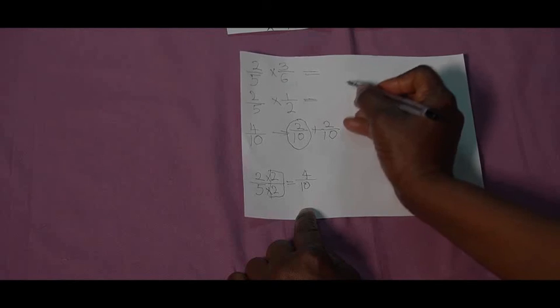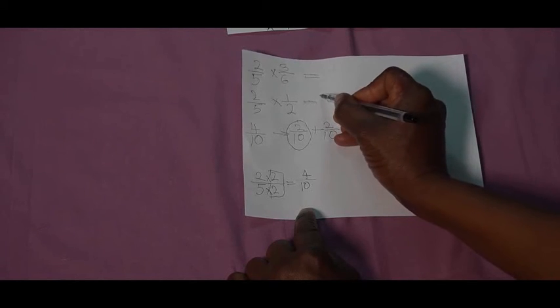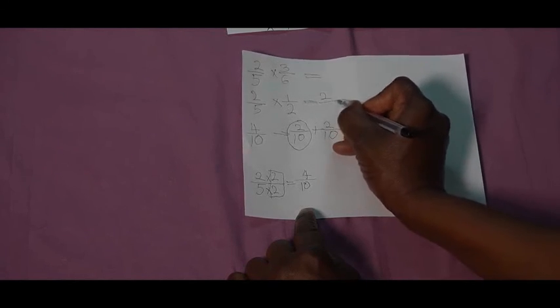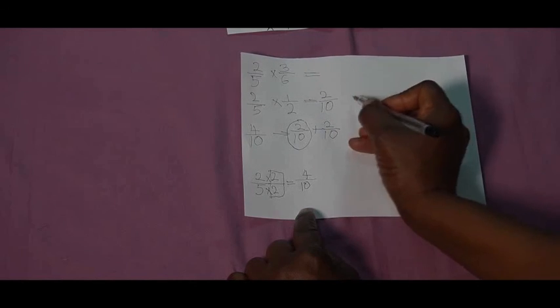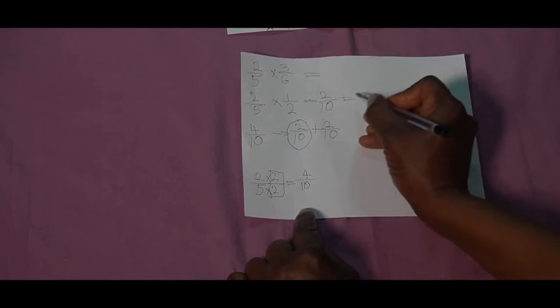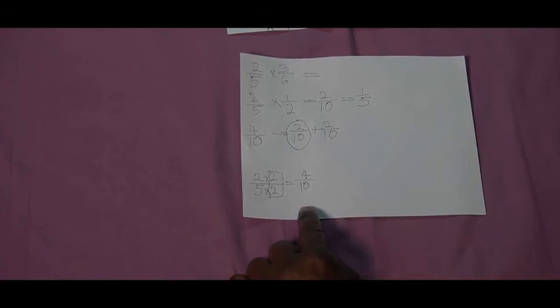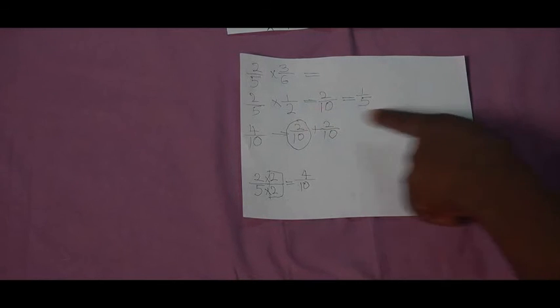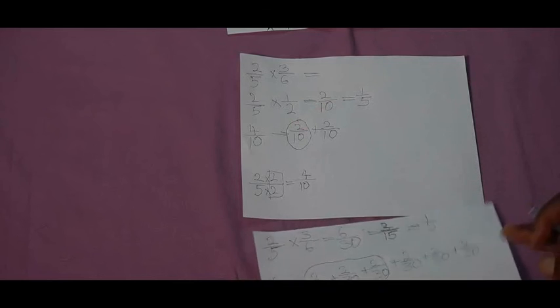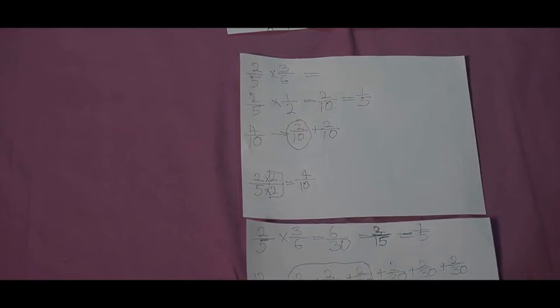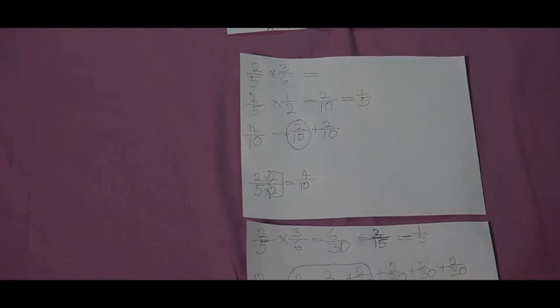So now my answer is 2 tenths. I can reduce that further to become 1/5. So this is another way of solving the same problem. Do it this way or this way, we end up with the same answer of 1/5.